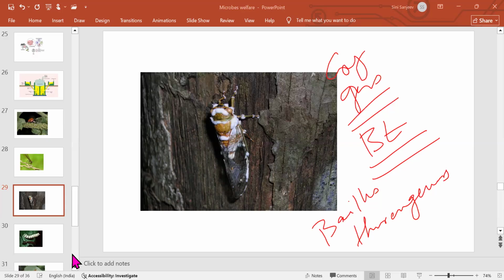Genetically engineered product means certain spores are being used so that it will act on certain organisms.